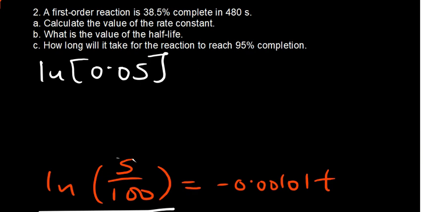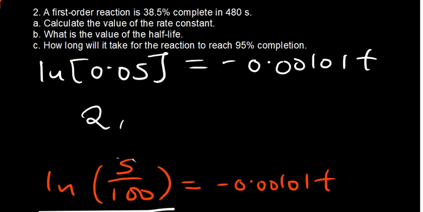So the natural log of 0.005 divided by negative 0.00101, and what I have is 2,966.07 seconds.